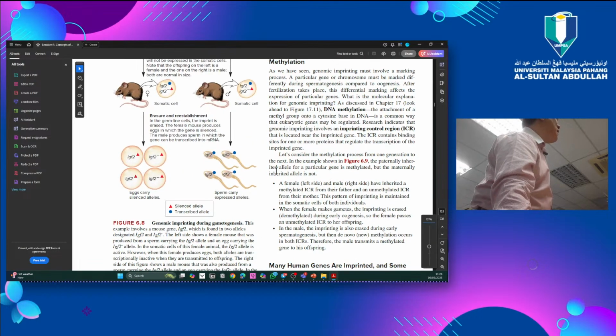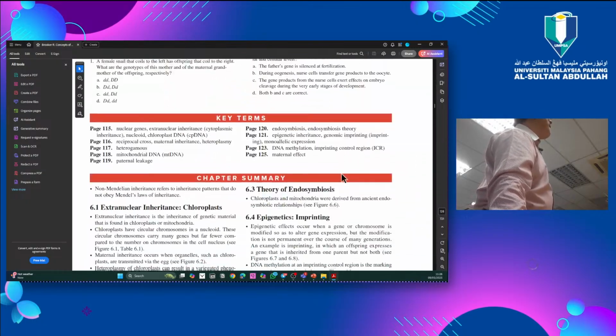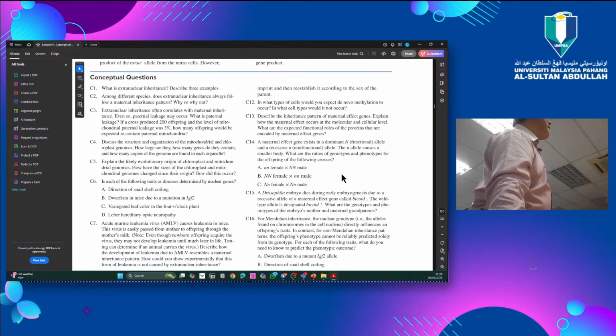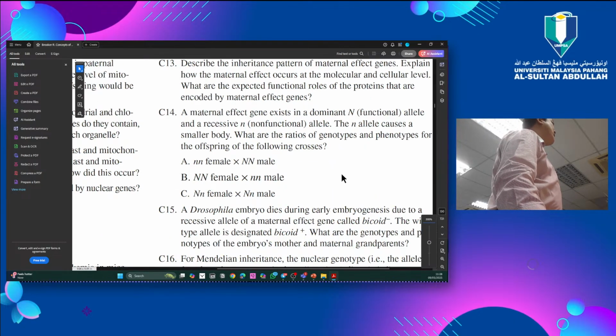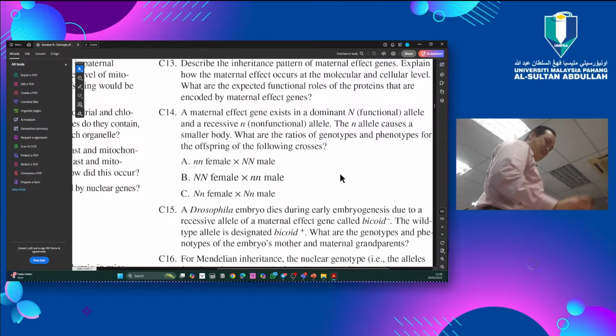Let me find a question. Okay, let's try this question. So a maternal effect gene, I think this is an X-linked gene.